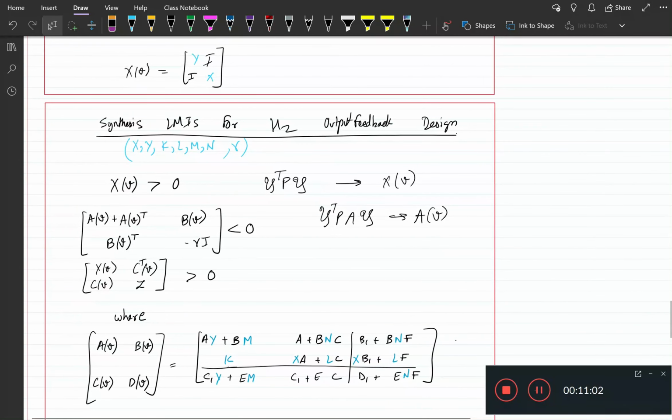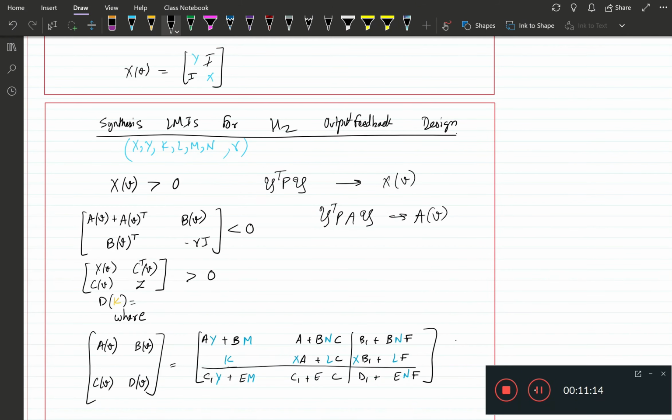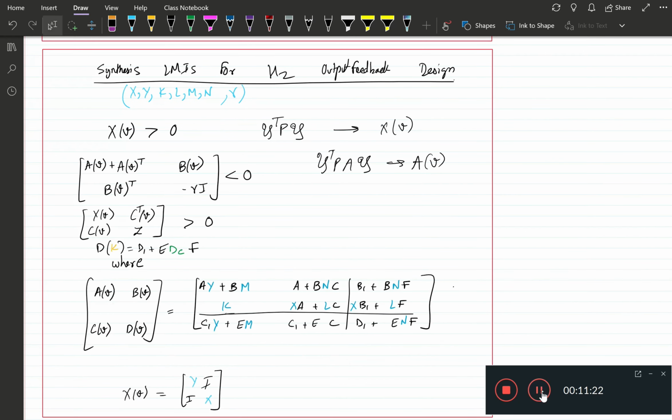So we would have to add another condition, which is T closed loop of D of K, which is T1 plus E Dc F, which is nothing but T1 plus E N F, and that's because we just saw that N is untransformed, or rather Dc is untransformed, and Dc is just equal to N, so we can just add this additional constraint.